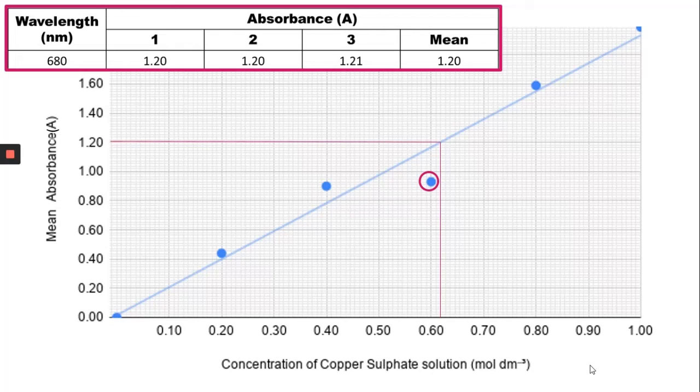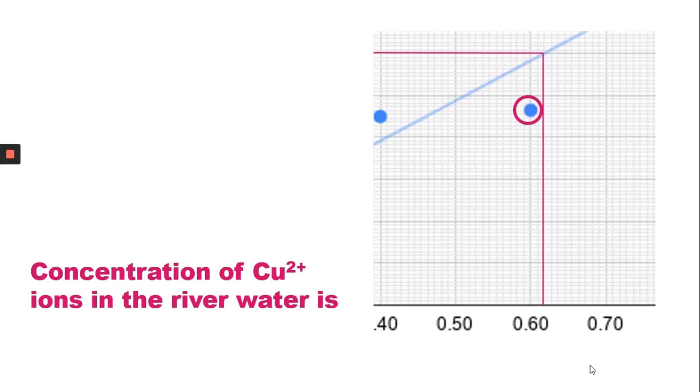This enables you to read off the concentration of our unknown sample. Do this on your own graph and find the concentration. Here I've zoomed in on my graph so we can see the concentration of our copper sulfate. Our concentration is 0.62 moles per decimeter cubed. Yours might differ slightly from mine, depending on how well you've drawn your line of best fit.